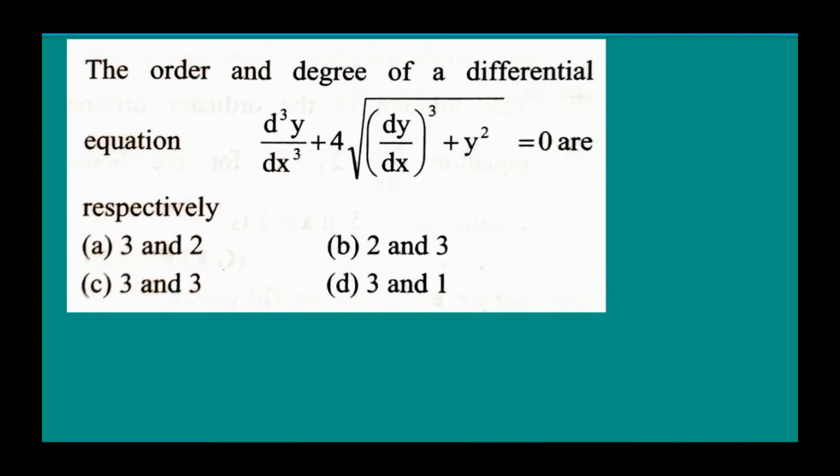Next question, sorry, this is question number 16, the order and degree of the differential equation. I have told in the first question that I will explain another question for degree and order.